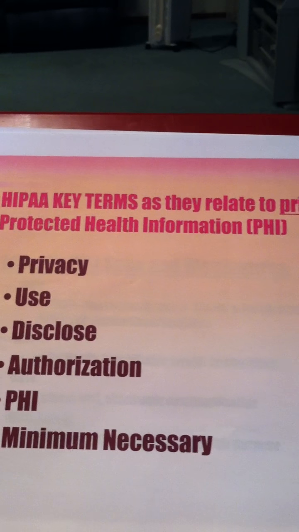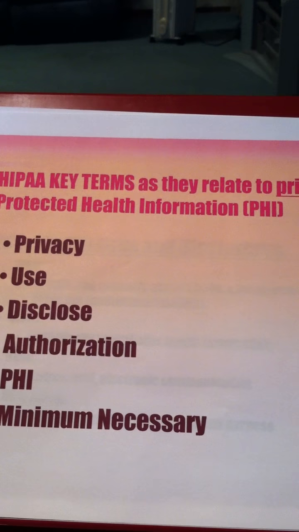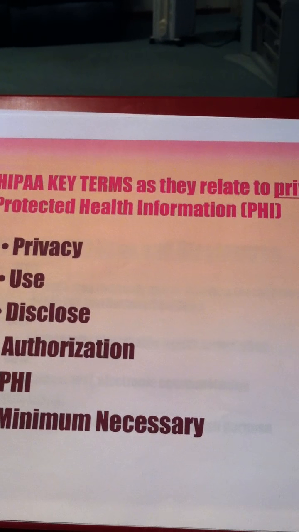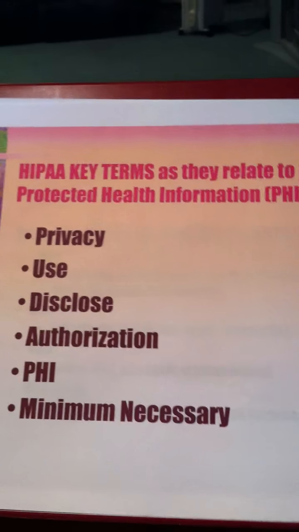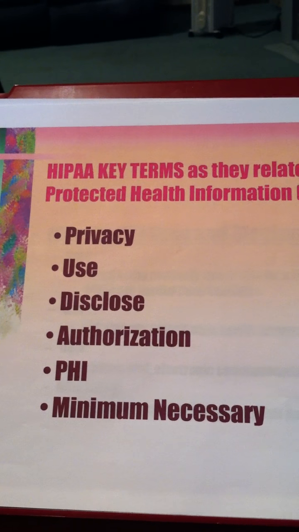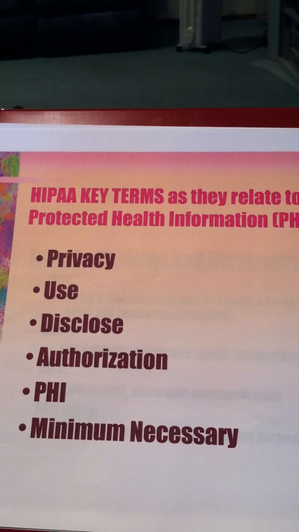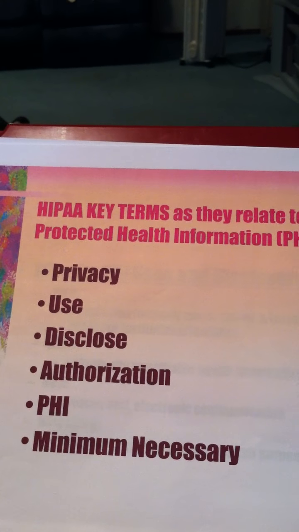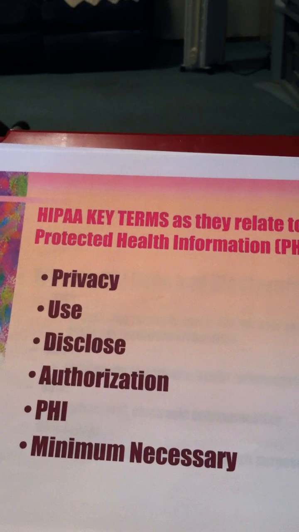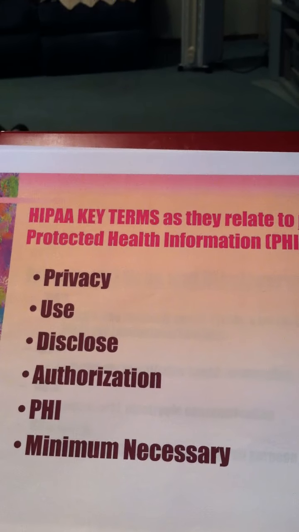Use: individually identifiable health information, sharing, application, utilization, examination, or analysis of such information within an entity that maintains such information. Disclose: to release or divulge information by an entity to persons or organizations outside of that entity.